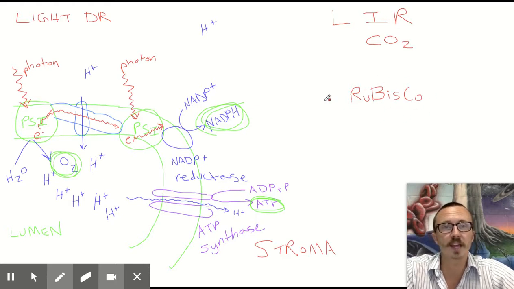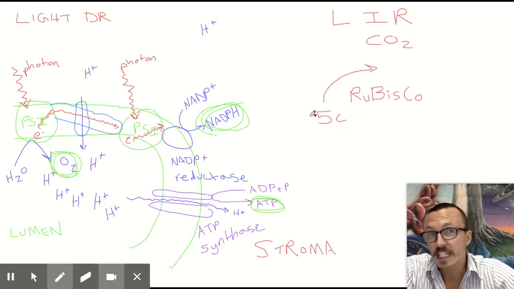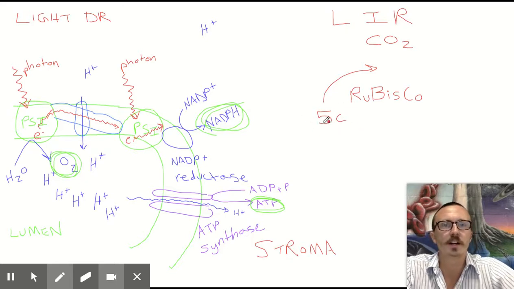And Rubisco takes a 5-carbon sugar, ribulose bisphosphate, and it attaches a carbon dioxide molecule. And so then we end up with a 6-carbon molecule.